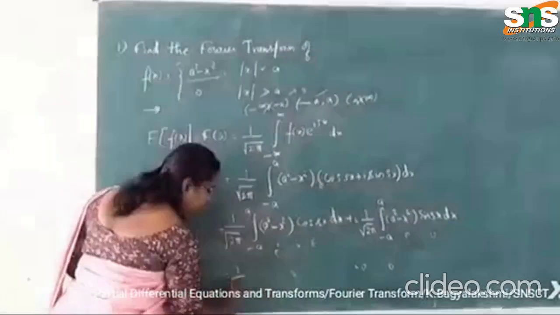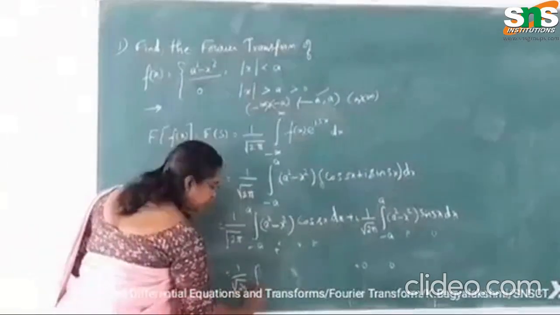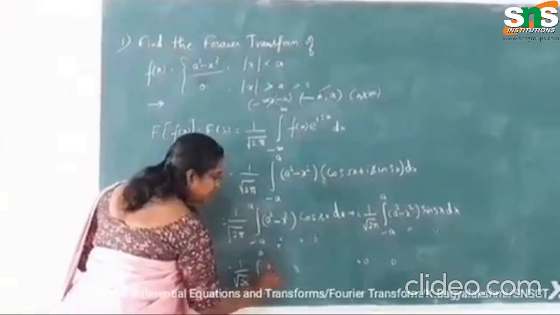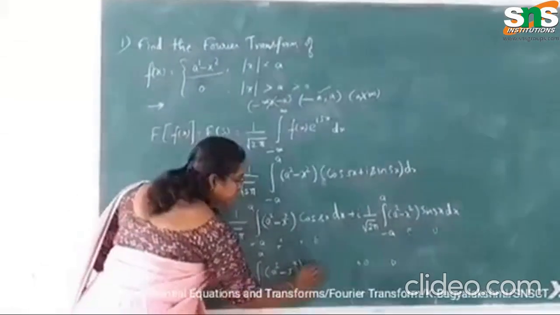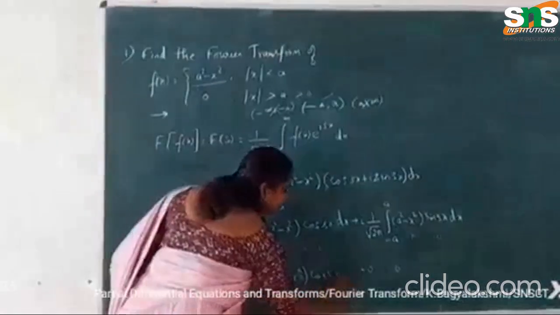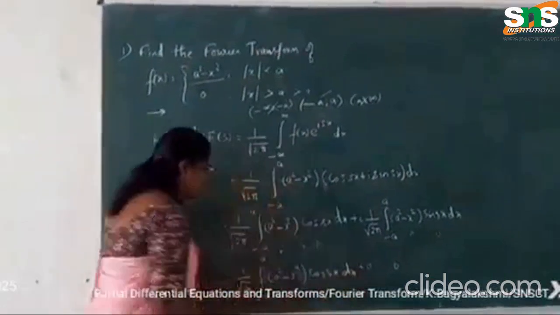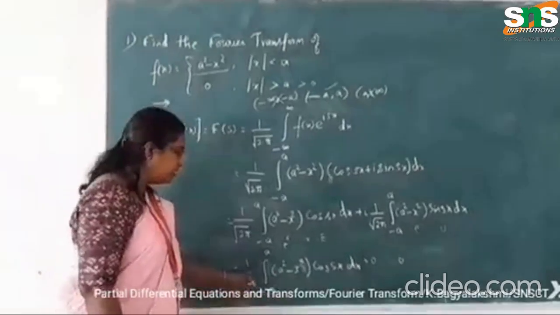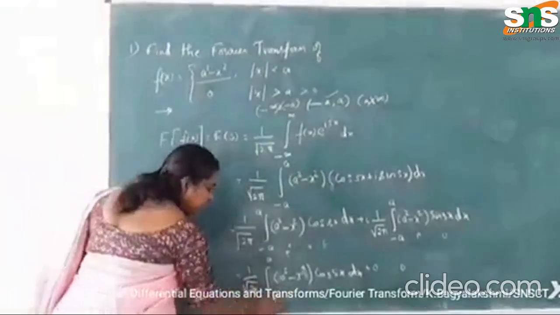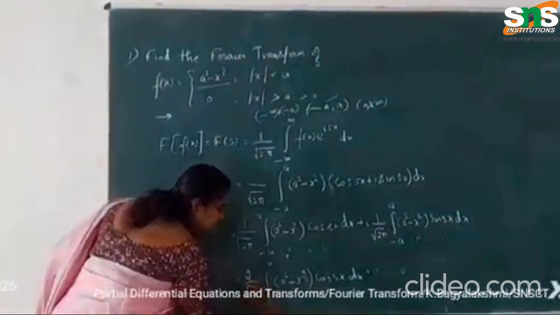So that is 1 by root of 2π integral from minus a to a of (a² − x²) cos sx dx. Here I said this is an even function, so you can write this limit as 2 times the integral from 0 to a.